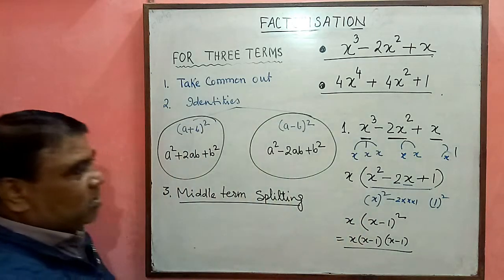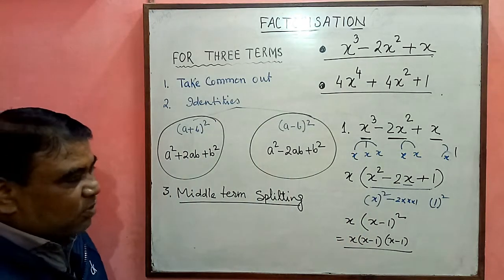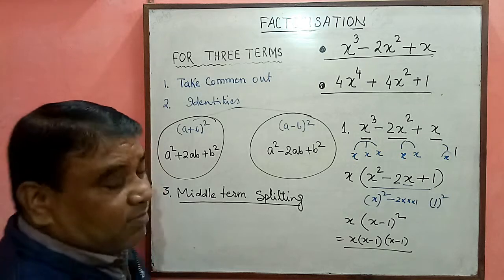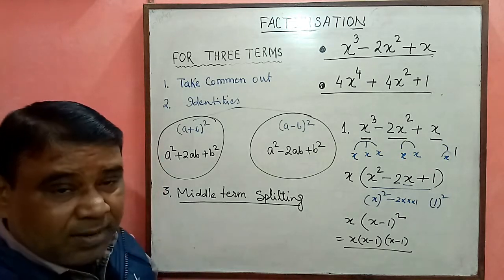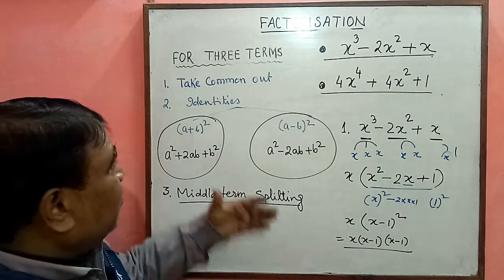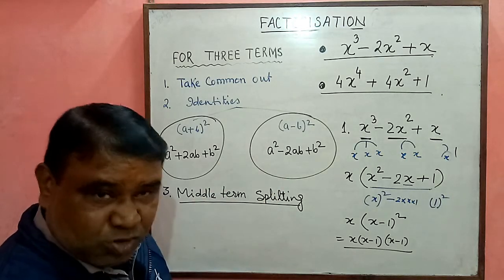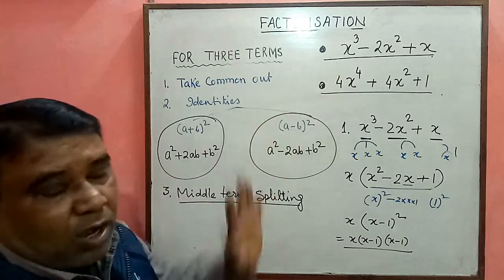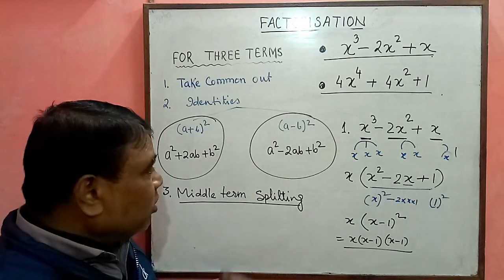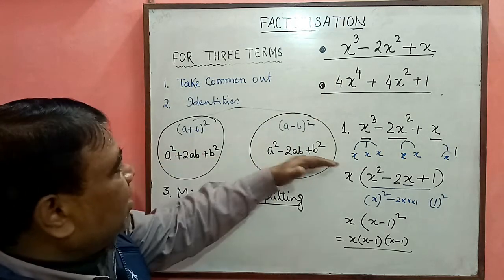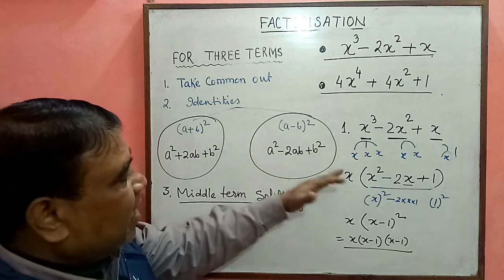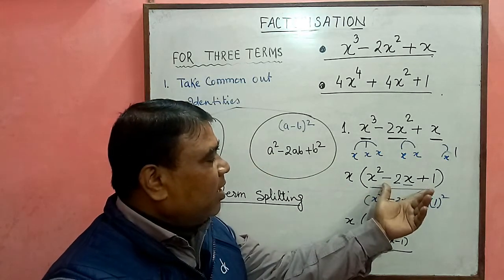This way, first of all, when there are three terms, just think whether there is any common term among all these three terms. Then you have to take it common out. If possible, convert this into either of these two identities, like 2ab.